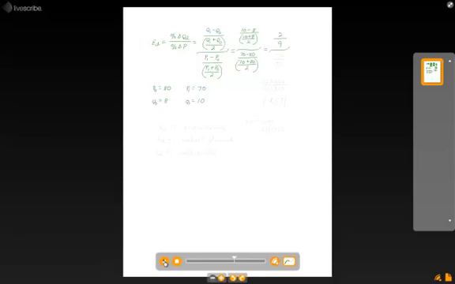We have 70 minus 80, which is going to give us a negative 10. Now that negative becomes important because that negative denotes the downward slope of the demand curve. And then we have 70 plus 80, and then we're going to divide that by 2, which is going to give us 75.